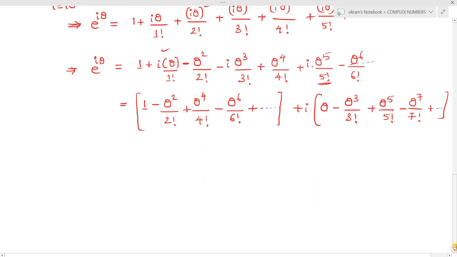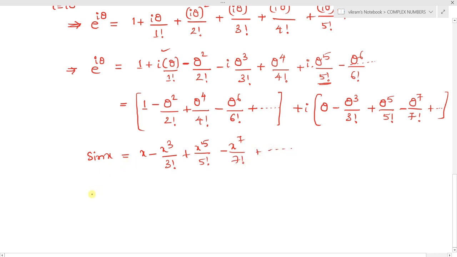Now, we know the sin x and cos x expansions. What is the sin x expansion? x minus x cube by 3 factorial plus x power 5 by 5 factorial minus x power 7 by 7 factorial and so on.